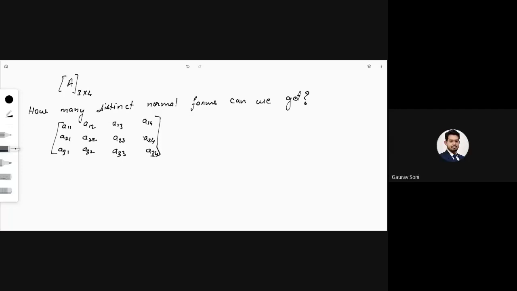Who said 20? Pratik. Okay, let's try it out. Say, for example, just A11 is 1 and all the other entries are 0. That is one possibility. That is a normal form, of course.